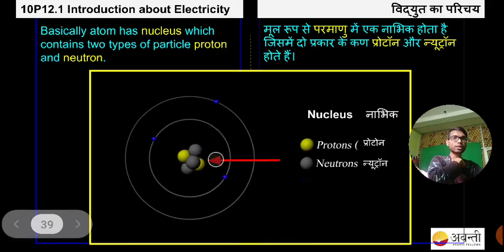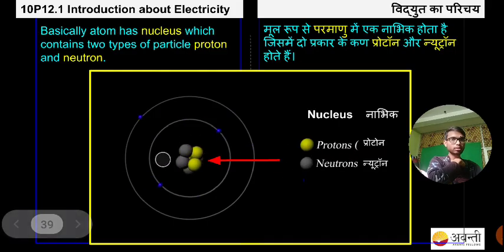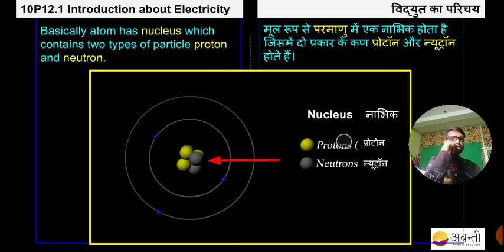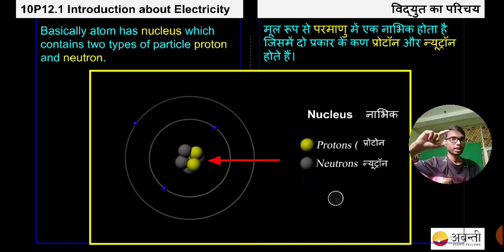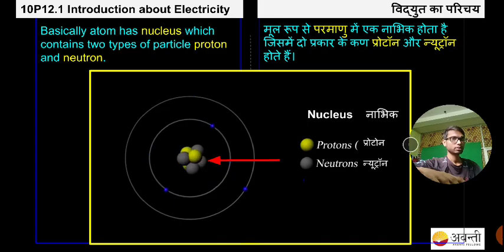The nucleus is a place where both particles are present. These are protons and neutrons. The nucleus is the center, and these protons and neutrons will be here. You will see the use of this, don't worry.